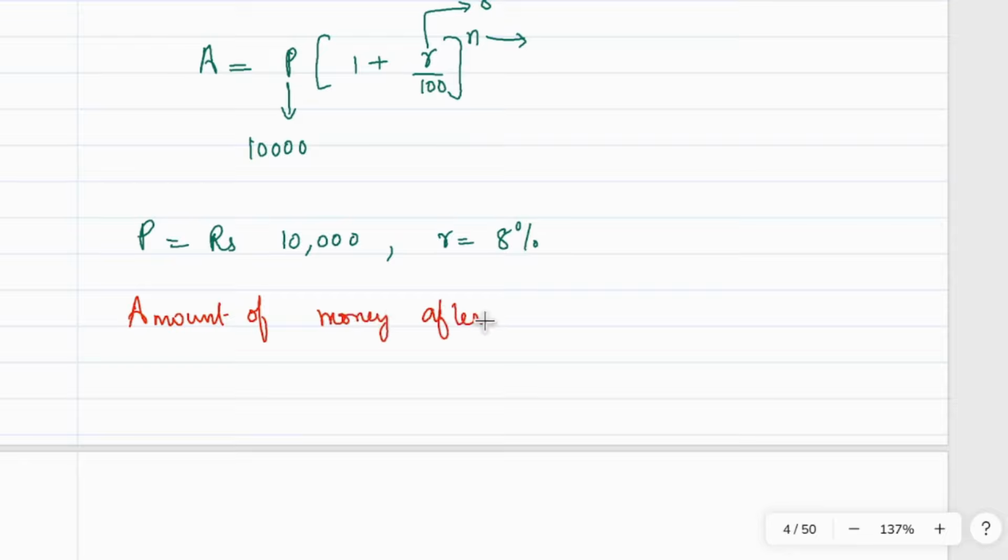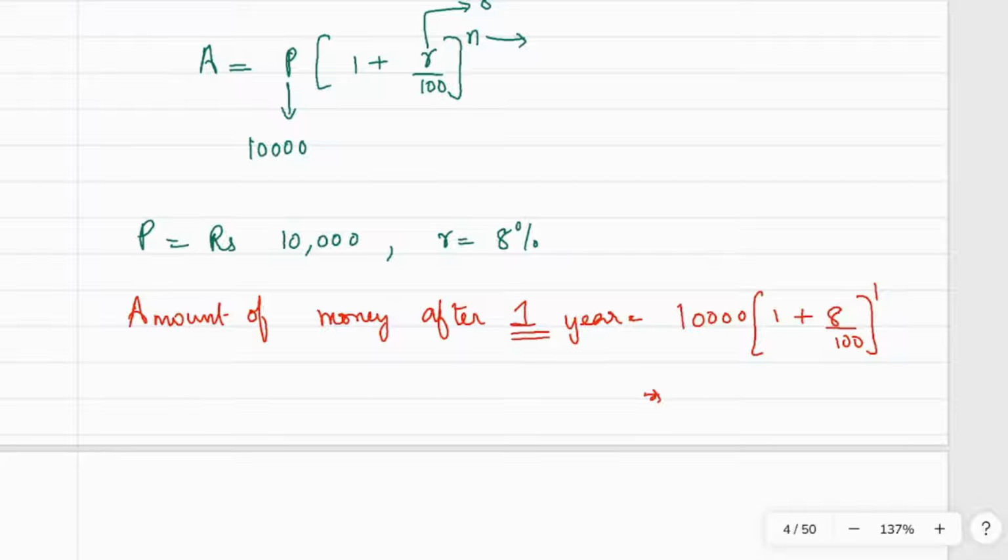If we are depositing it for 1 year, we will get a return of 10,000 into 1 plus 8 by 100, the whole raised to n, and since it is for 1 year, n is equal to 1.